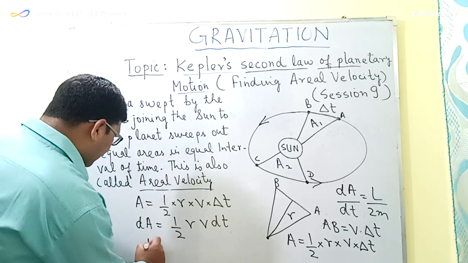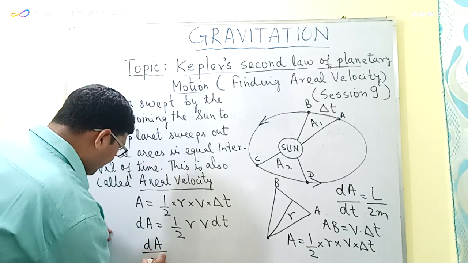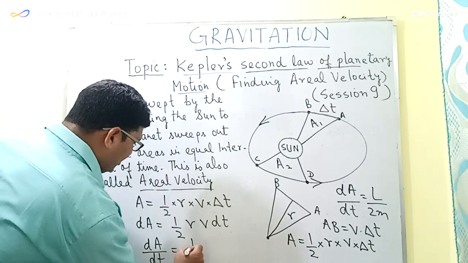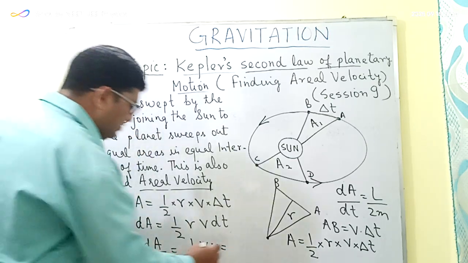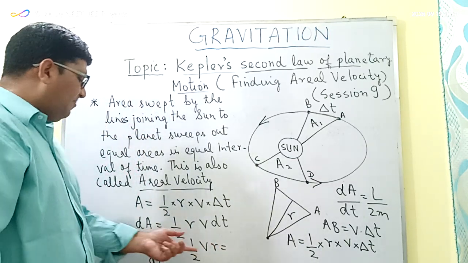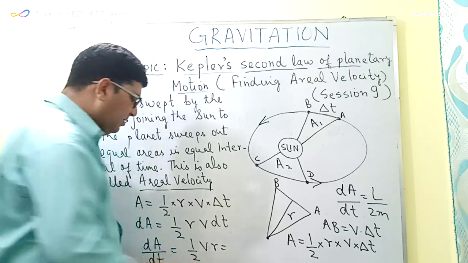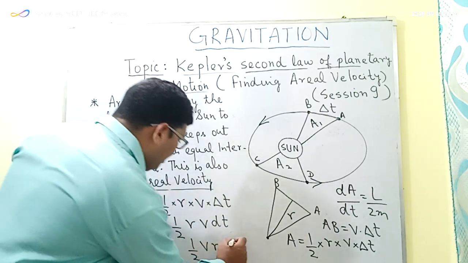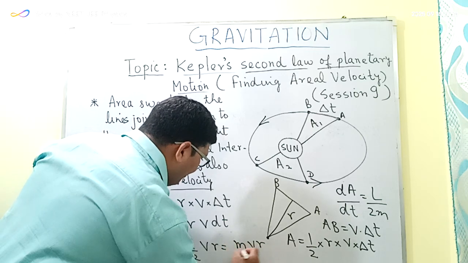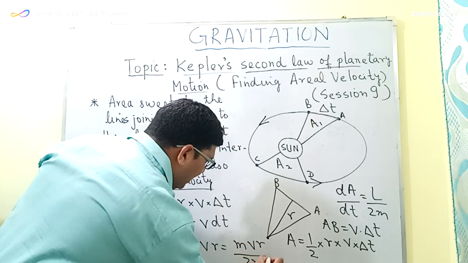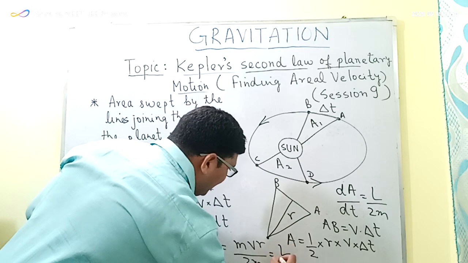Now dA/dt from here will be equal to 1/2 into V into r. This can further be written by multiplying the numerator and denominator by m, where m is the mass of the planet. So this is equal to mvr divided by 2m, and mvr is the angular momentum, so L/2m.